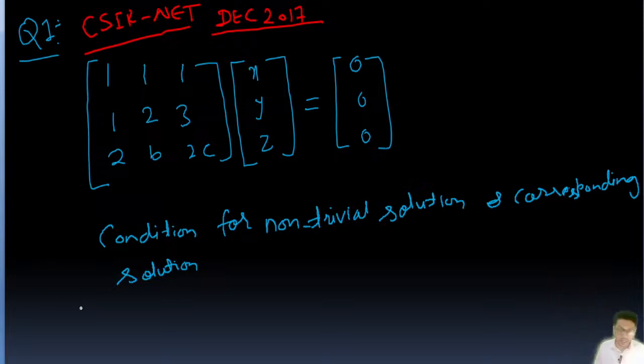Okay, and options are given. Option A is b equal to 2c.